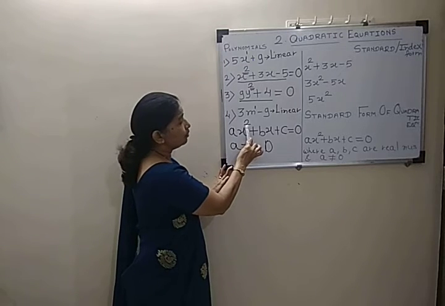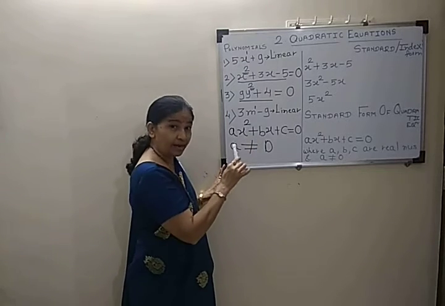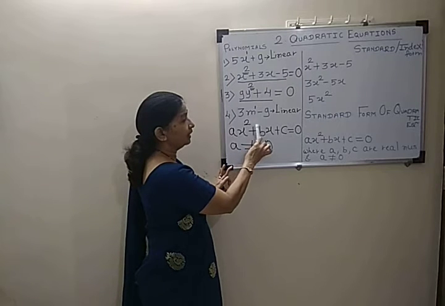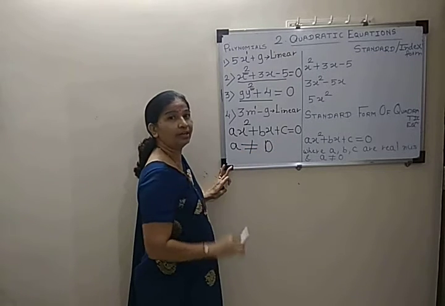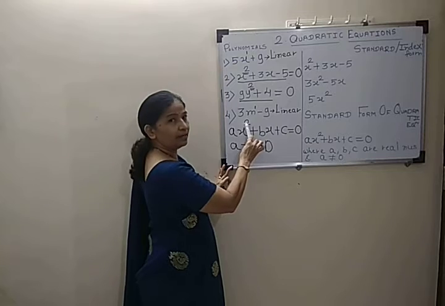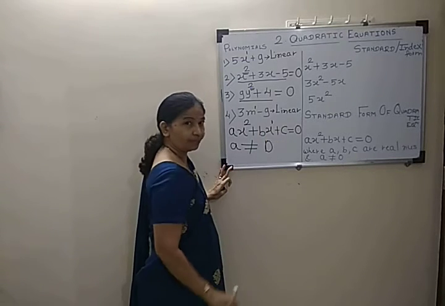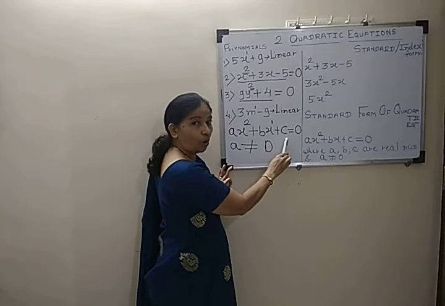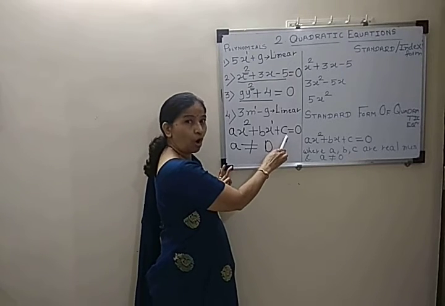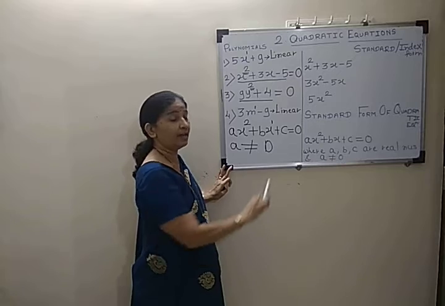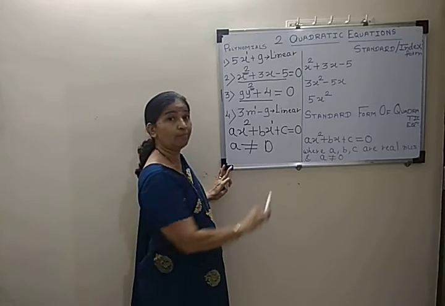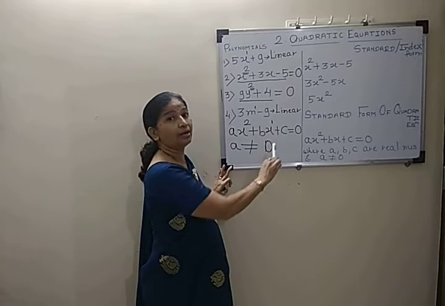Now here, if you are observing, the index is in descending order. Here the index is 2, here the index is 1, and this one is the constant term, for which the index is called 0.